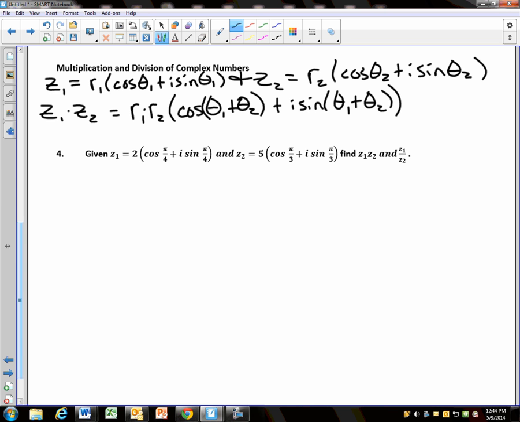So if you're going to multiply two trigonometric form complex numbers together, multiply the radiuses together, add the angles together.